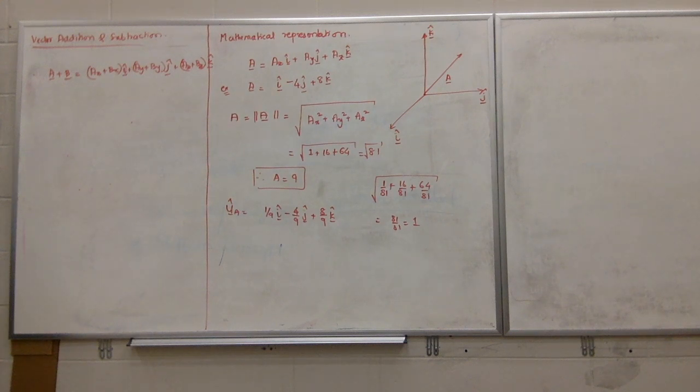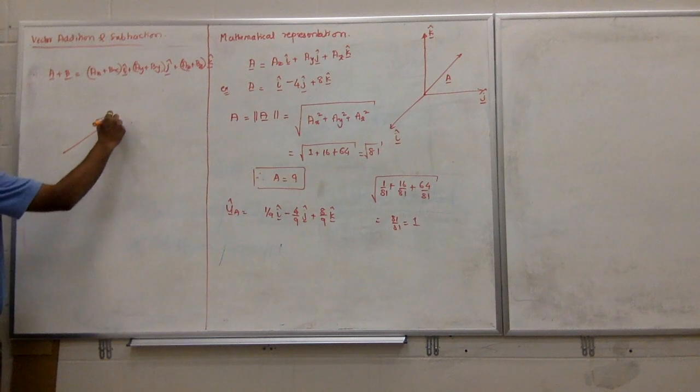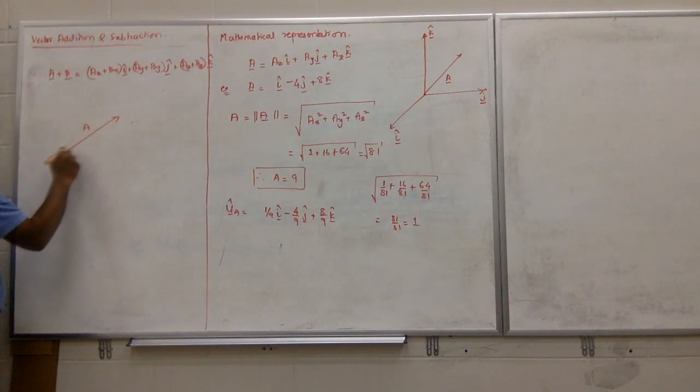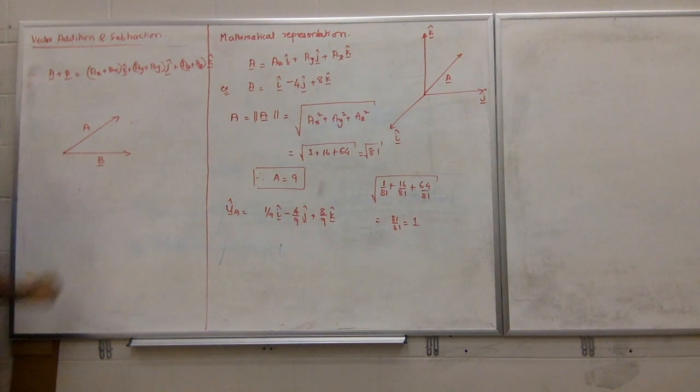You got it? So what does a vector addition give you? If you have this vector A and this vector B, what is A plus B?